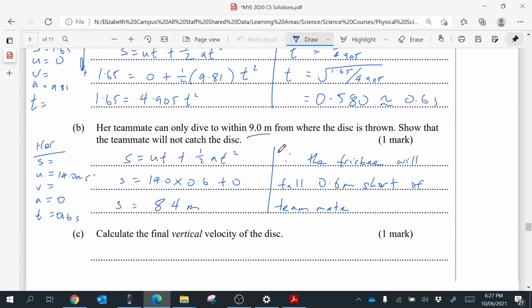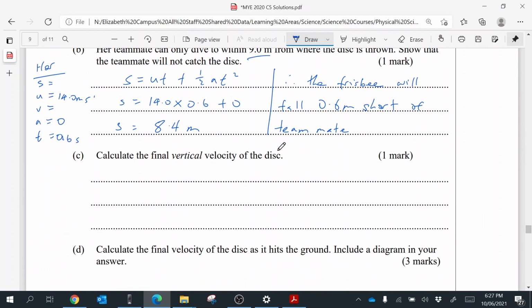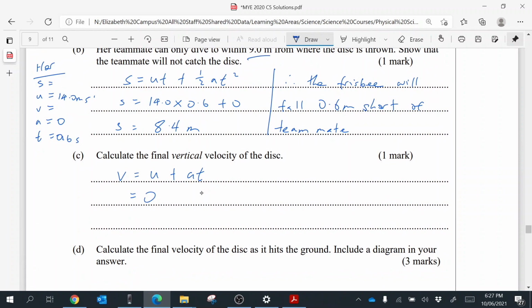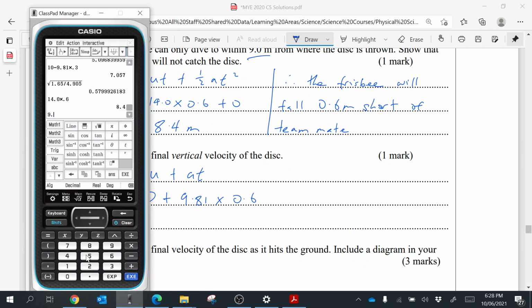Calculate the final vertical velocity of the disc. Okay, so for the vertical velocity of the disc, final vertical velocity. Okay, so V is equal to U plus AT. Let's see, we had U, which is 0, plus 9.81 times the time, which is 0.6, which equals 5.89 meters per second downwards.